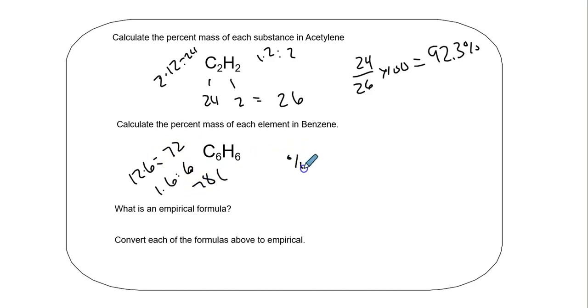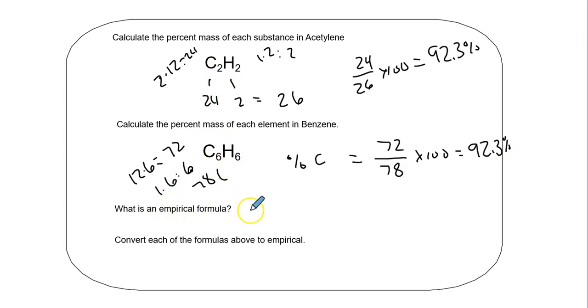So percent carbon is 72 divided by 78 times 100. Let's try that out. So 72 divided by 78 equals 92.3%. Same number. Even though we have different numbers of things.